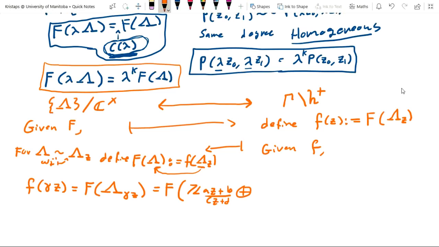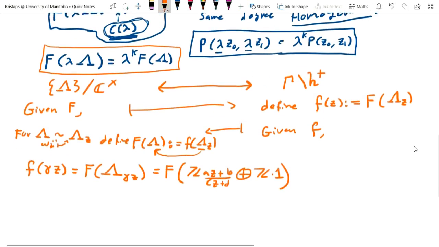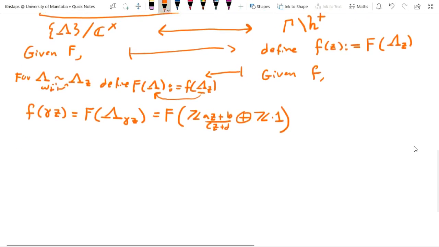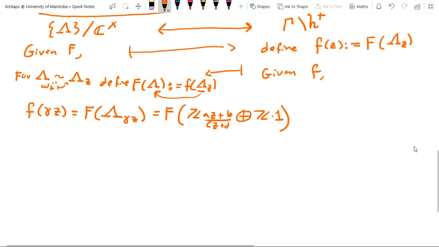And of course, the other spanning vector is just 1 in this case. And then in order to shift things around, I'm going to multiply by 1, essentially, but I'm going to write that as cz plus d over cz plus d.